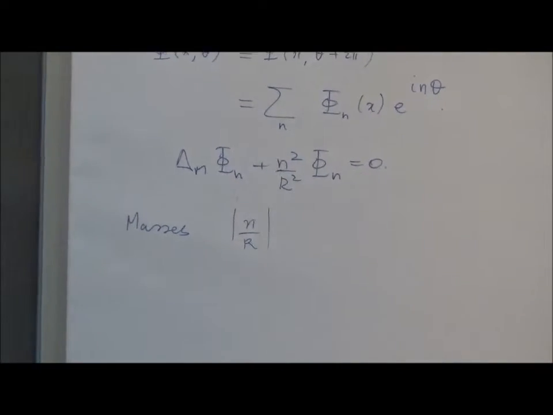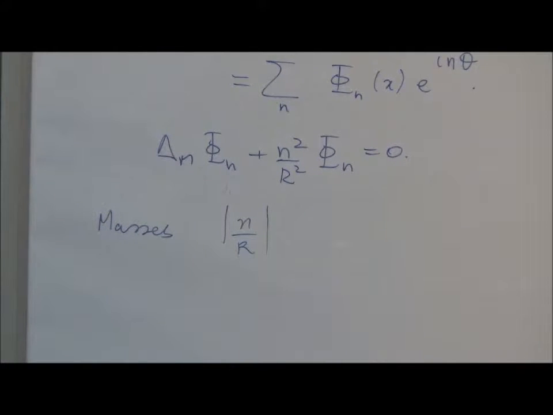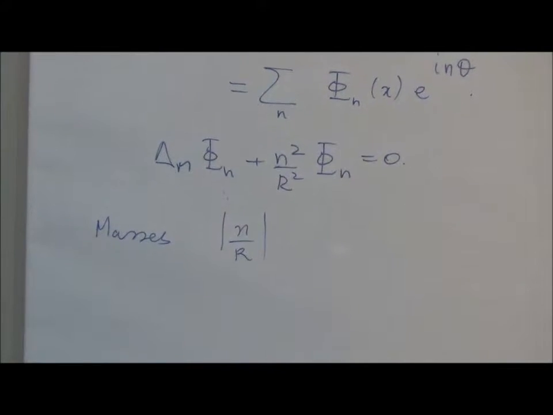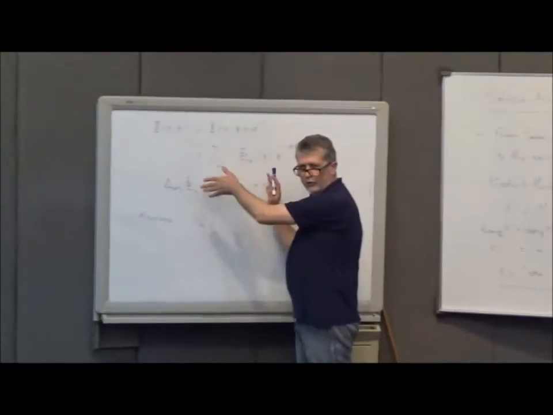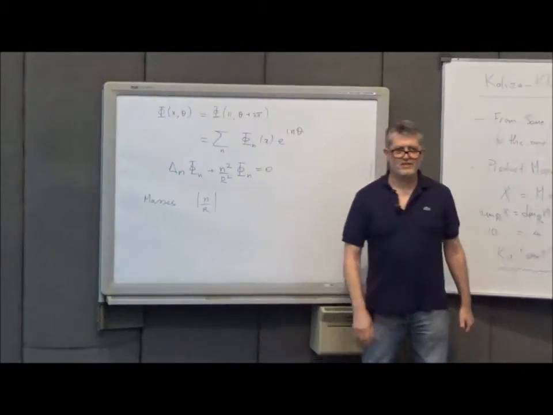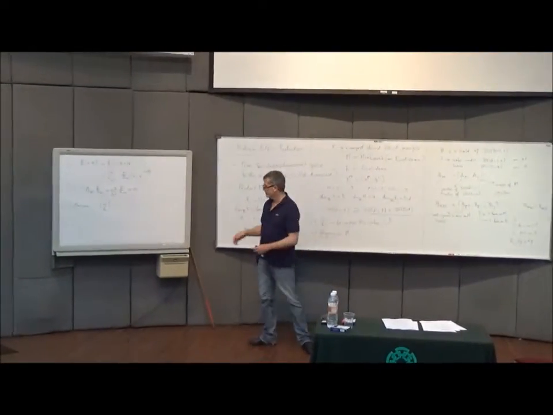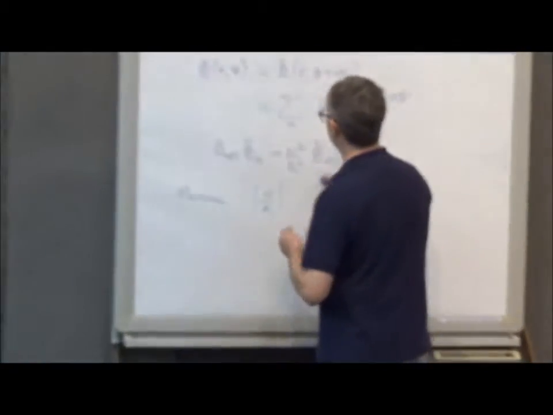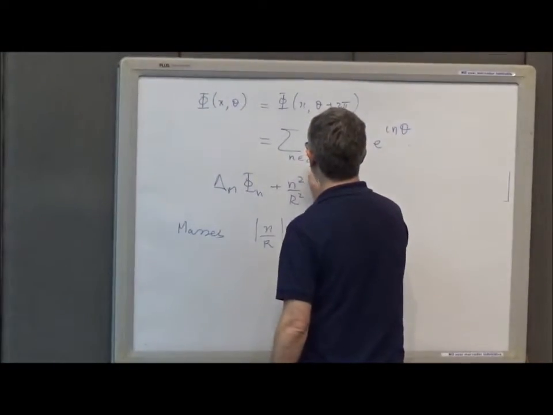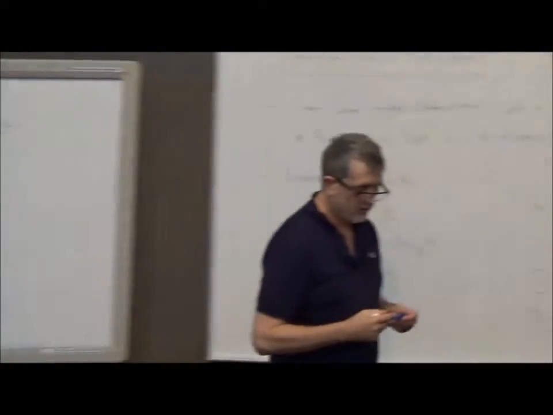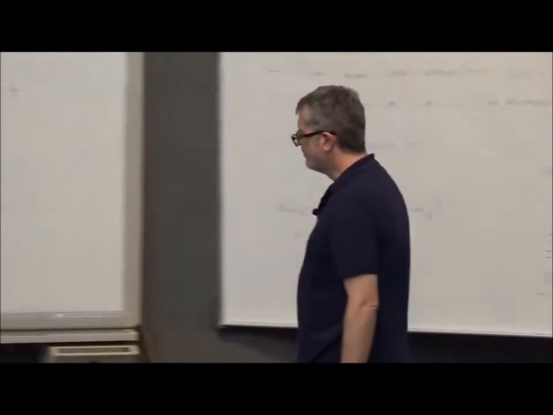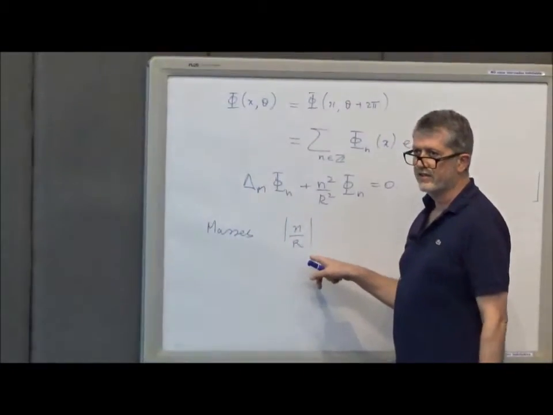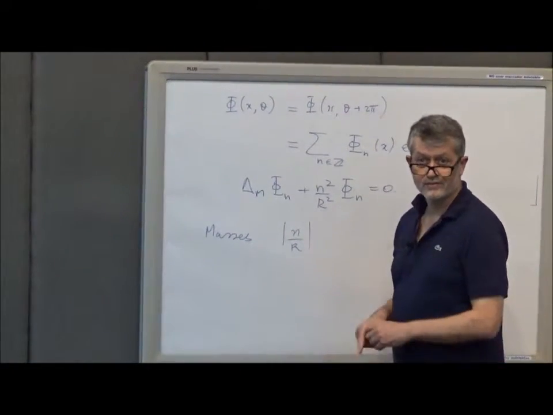So, wait a minute. We started off with a massless scalar in 10 dimensions. But from the point of view of four dimensions, I don't just have massive scalars. I have a whole infinite number of fields, because every integer is allowed. So I have an infinite number of fields, and these fields all have mass, except for n equals 0, which is massless.